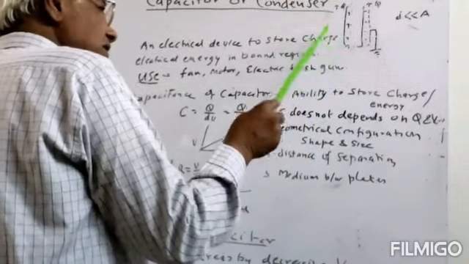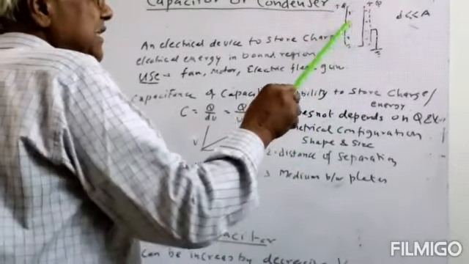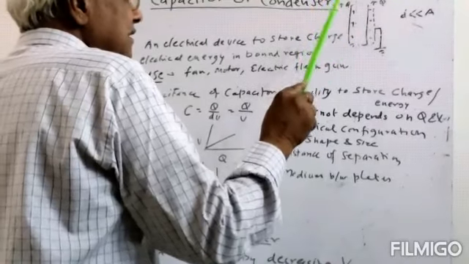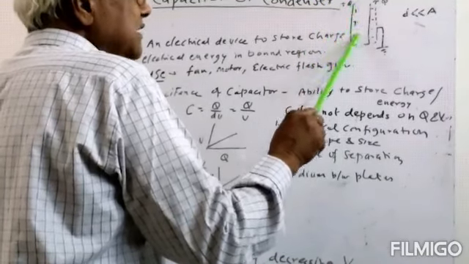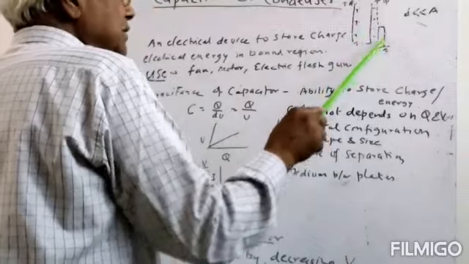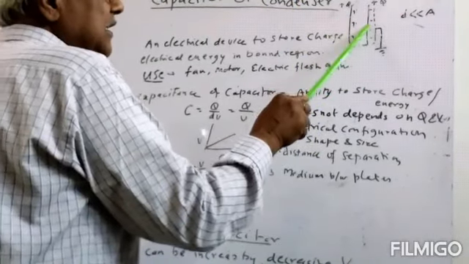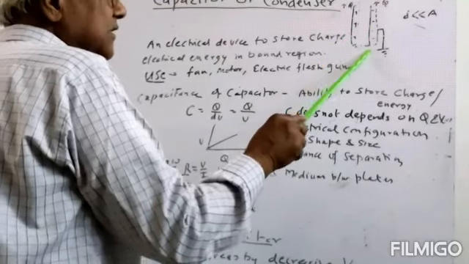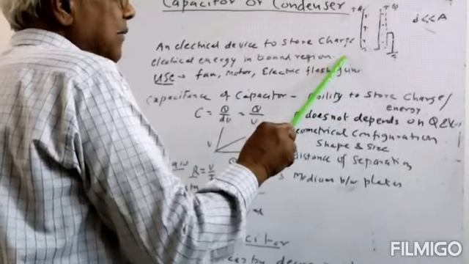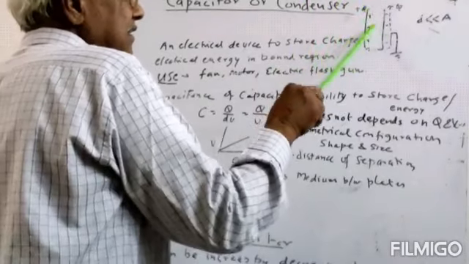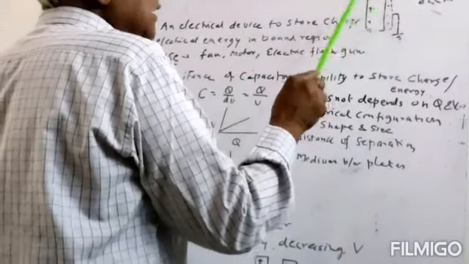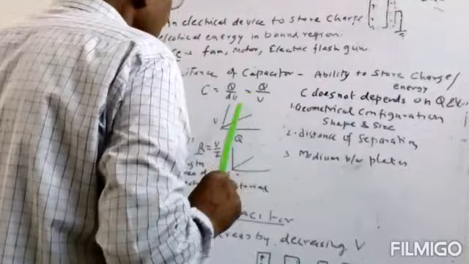So capacity will increase, number one, if the area of cross section increases. Number two, if the distance between the plates is decreased. And number three, if a dielectric medium is placed in between the plates.